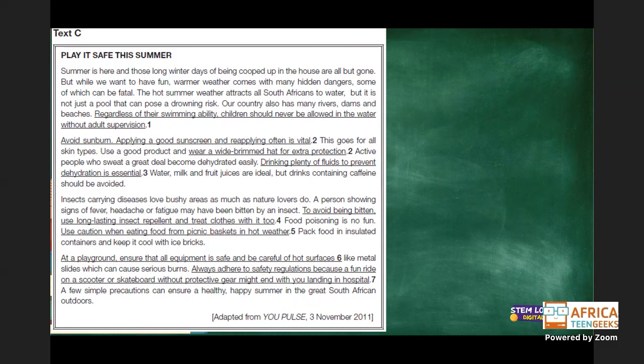Okay. And last paragraph, at a playground, ensure that all equipment is safe and be careful of hot surfaces. So that would be point 6. Hot surfaces like metal slides, which can cause serious burns.